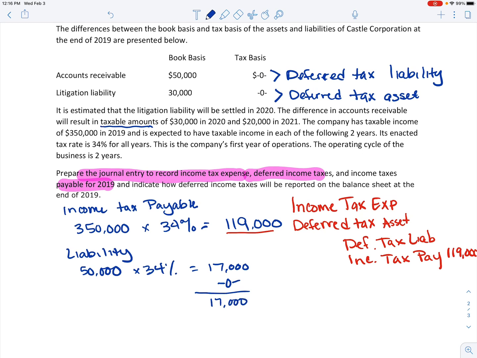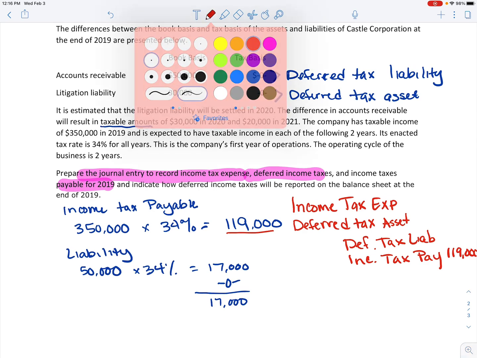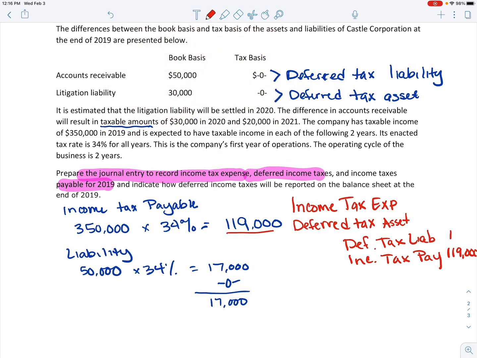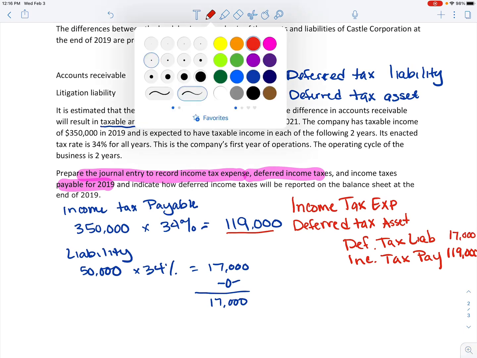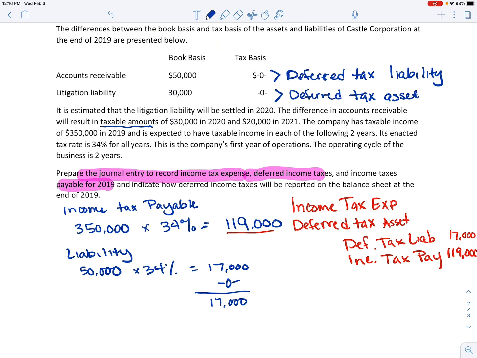So our deferred tax liability is going to be $17,000. Now we'll do that same thing for our deferred tax asset. Our deferred tax asset is $30,000.